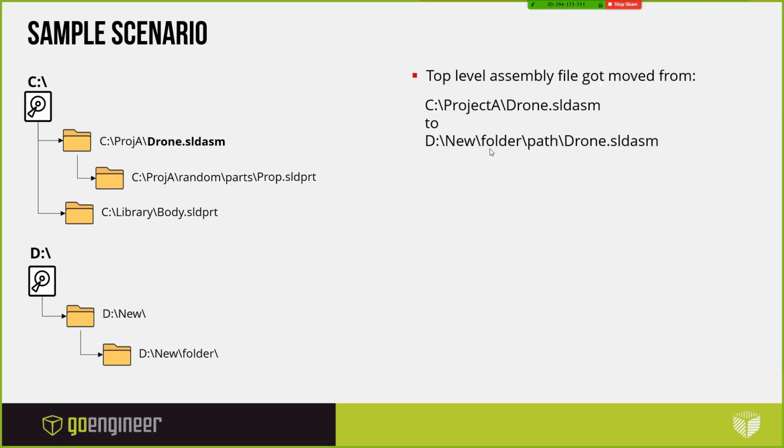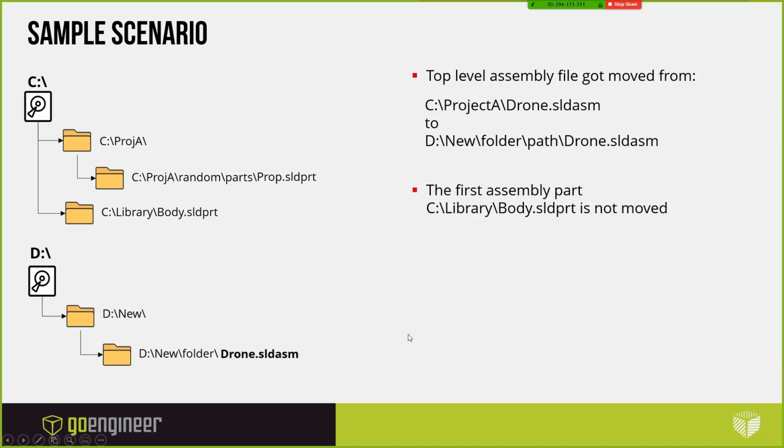So what I have here is a top-level assembly drone, which is saved in the folder project A. Now I'm going to move that drone file over to my C drive, a completely separate drive, under two folders, new and folder. Next, this file body is not moved, it stays in place. Nothing happens with that file.